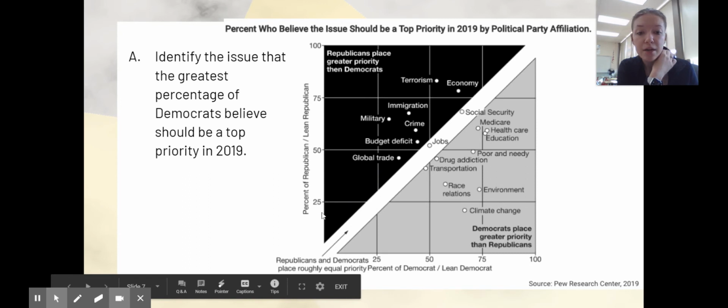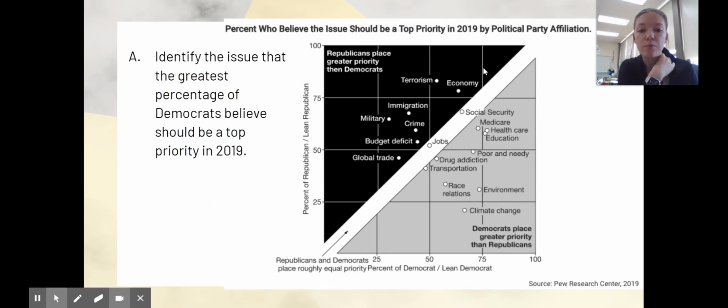And then on the flip side, you have the black triangle that represents Republican issues, how important they feel the issue is on the axis here. Now, this is something we'll get into later, but the closer to the middle the issue is, you could argue that it is of some importance to both sides. So that will come into play later.